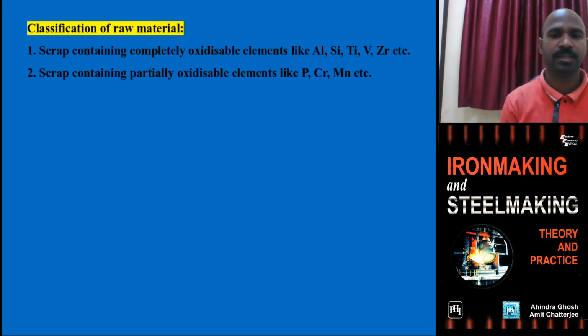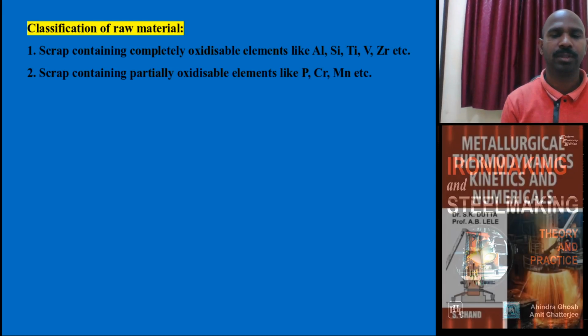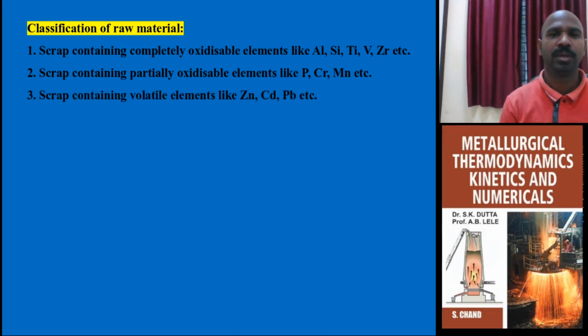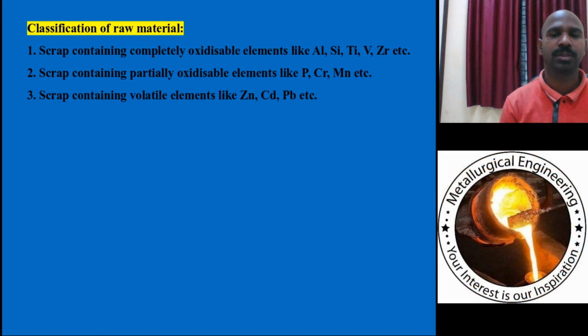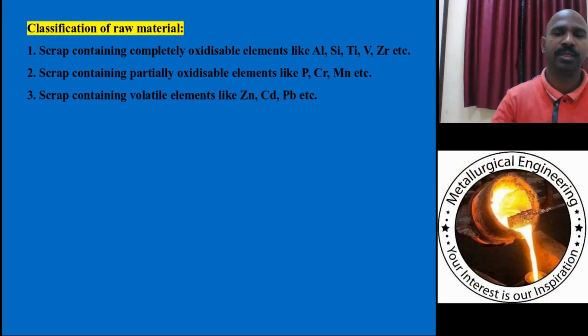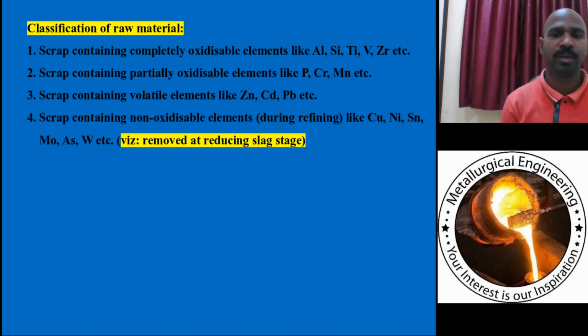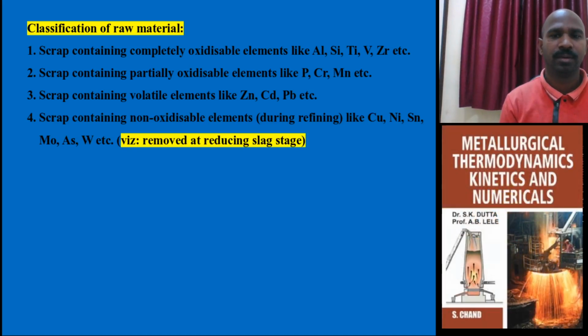The other is partially oxidizing elements: phosphorus, chromium, manganese, etc. Those slags will be removed and the molten steel taken out. And there are scrap based volatile elements such as zinc, cadmium and lead, and scrap based non-oxidizing elements such as copper, nickel, molybdenum, arsenic and tungsten, where the reducing slag stage takes place.